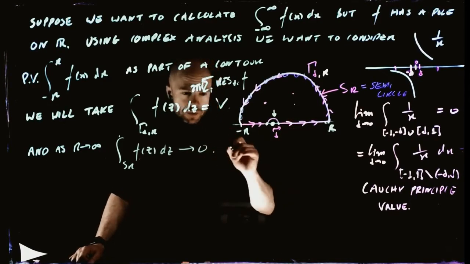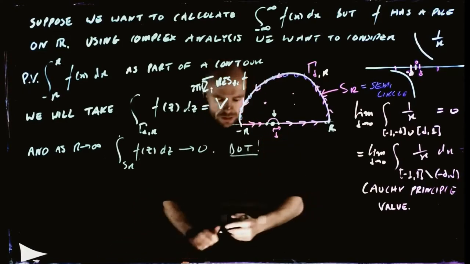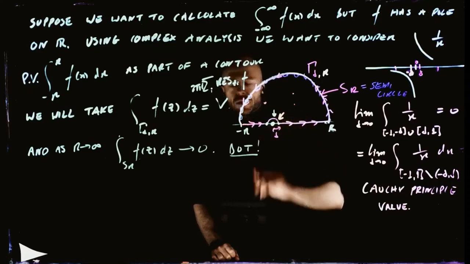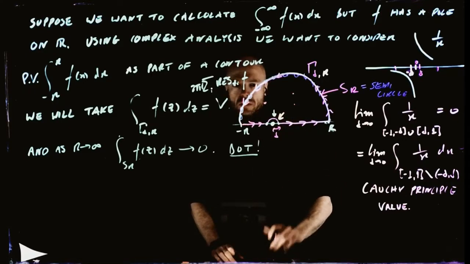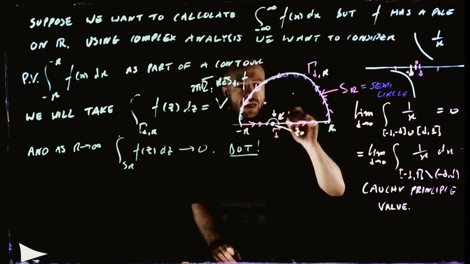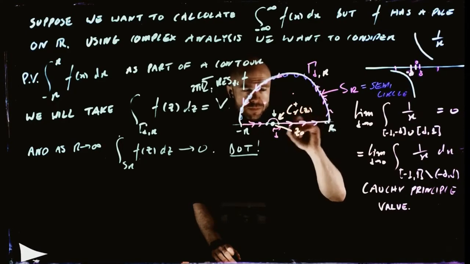But let's give this singularity a name. Let's call this Z0, and then let's call the bump part here C plus Z0.